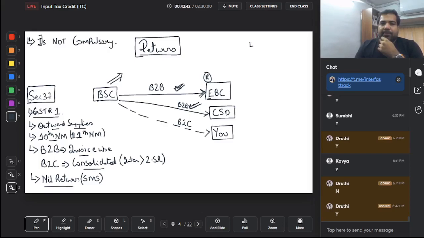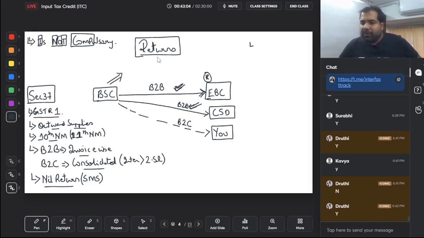I is input service distributor, CA final. NRTP, which you know, OIDAR, CA final, TDS, TCS person, CA final, but composition scheme people, these are the people who don't have to file this GSTR 1, is not compulsory. So you never have to by heart the list guys, just remember is not compulsory. They don't have to file this GSTR 1.